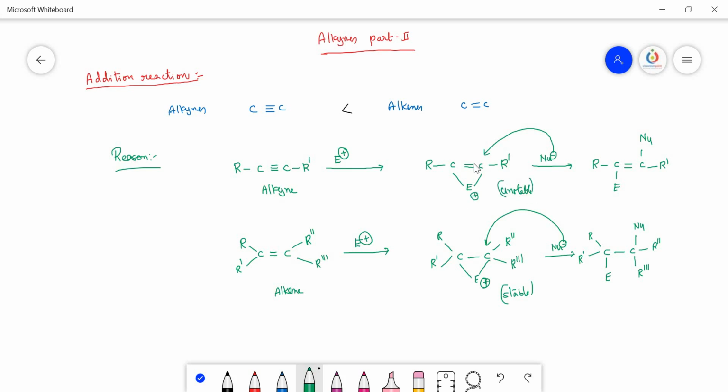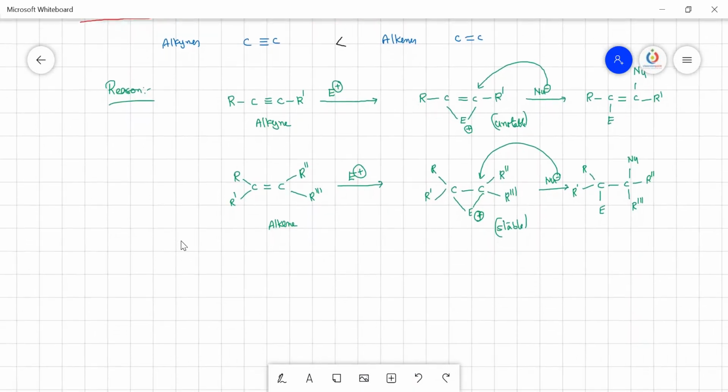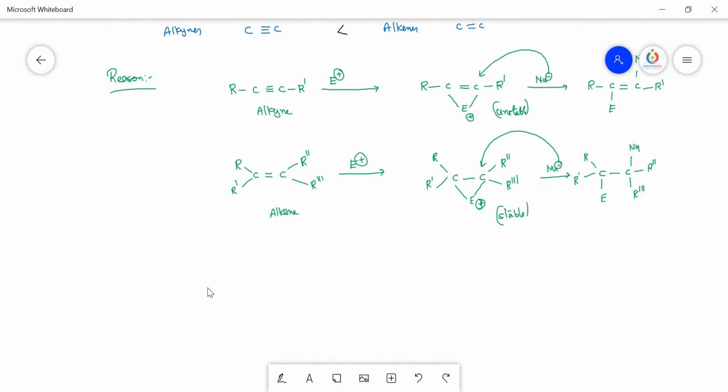Due to the formation of the unstable intermediate, the alkyne is not ready to be converted to an unstable compound, so generally it does not participate in chemical reactions like alkenes. So that's why alkynes are generally less reactive than alkenes. This is the only reason.